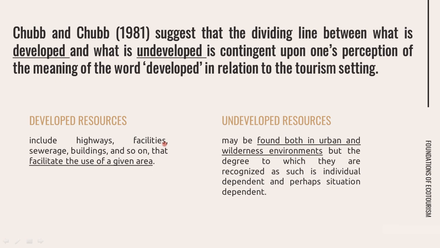So when we say developed resources, this includes highways, facilities, sewerage, buildings, and so on that facilitate the use of a given area. So in other words, when we say developed resources, from the word itself, these are the resources that are already well developed. And these are the resources that are ready to use.